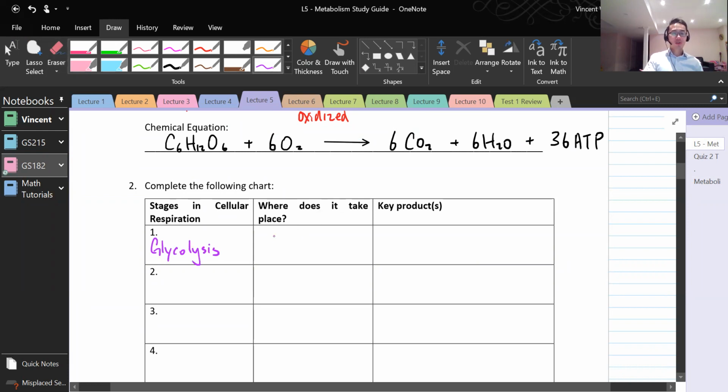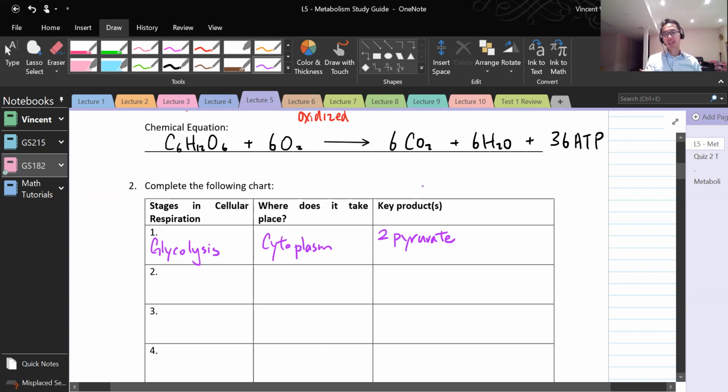Where does it take place? I just told you, it's in the cytoplasm. Okay, so the key things that it will produce would be 2 pyruvate. If you read it in a textbook or an online textbook or anywhere else, sometimes they may say pyruvic acid, and that's okay.